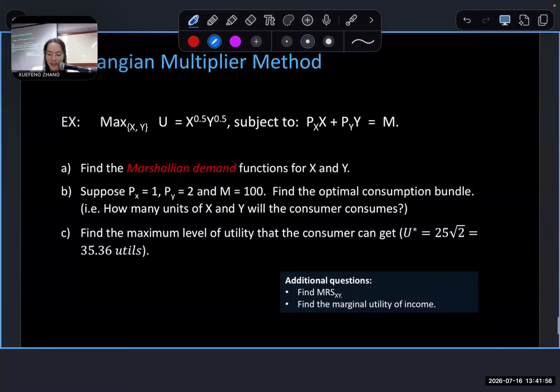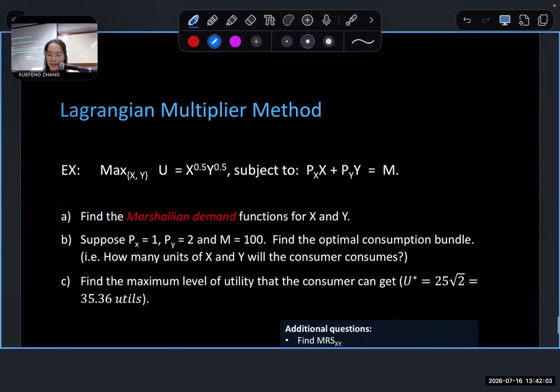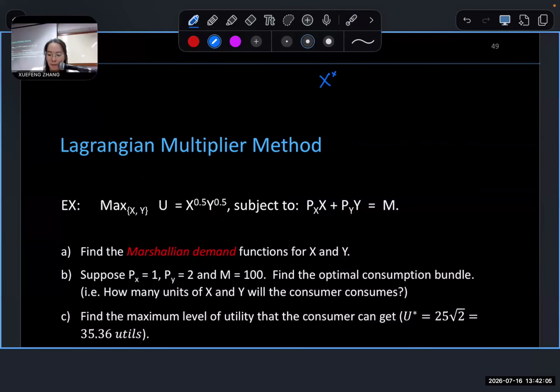Here we maximize our utility subject to the budget line. You get X star, which is M over 2Px, and Y star, the Marshallian demand for Y, which is M over 2Py.